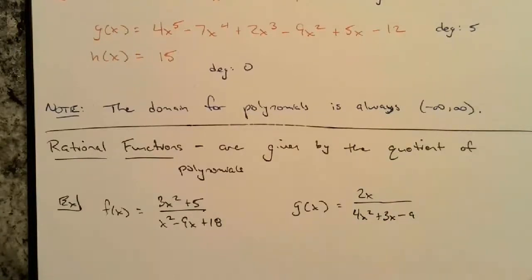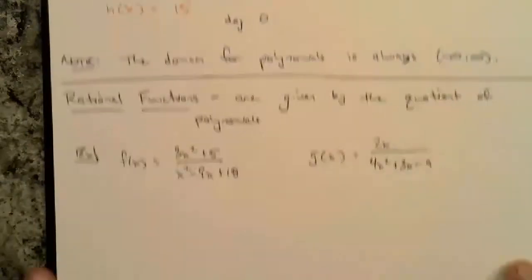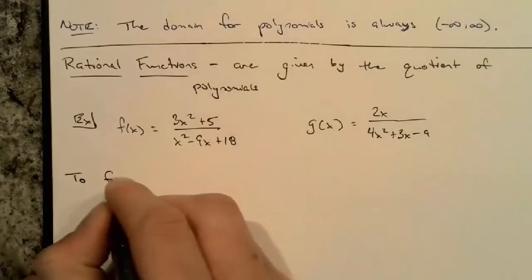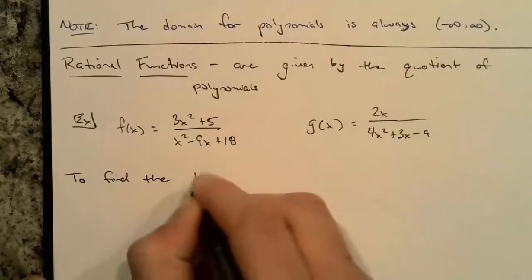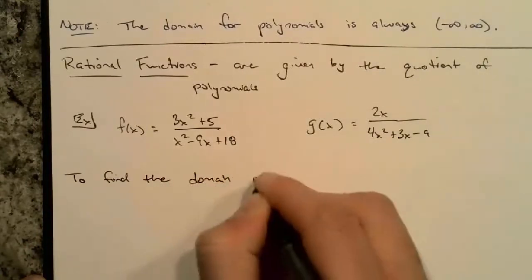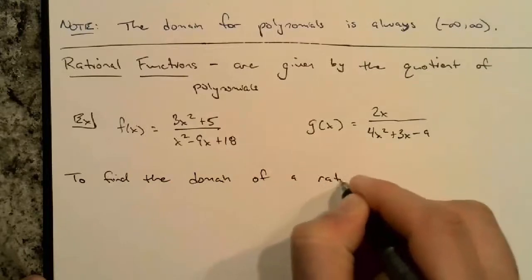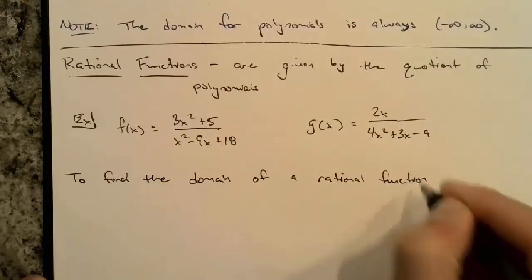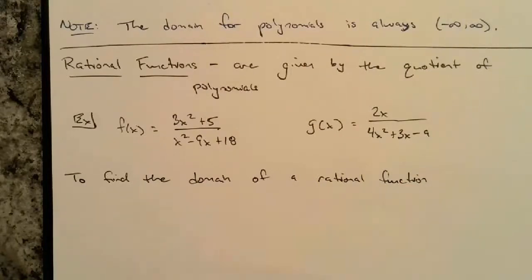All right, and we've talked about this in other videos, but just to make sure you don't forget, to find the domain of a rational function, you're going to look for the problem points. When I say look for the problem points, though, in this case, we're talking about what could possibly make the denominator 0.